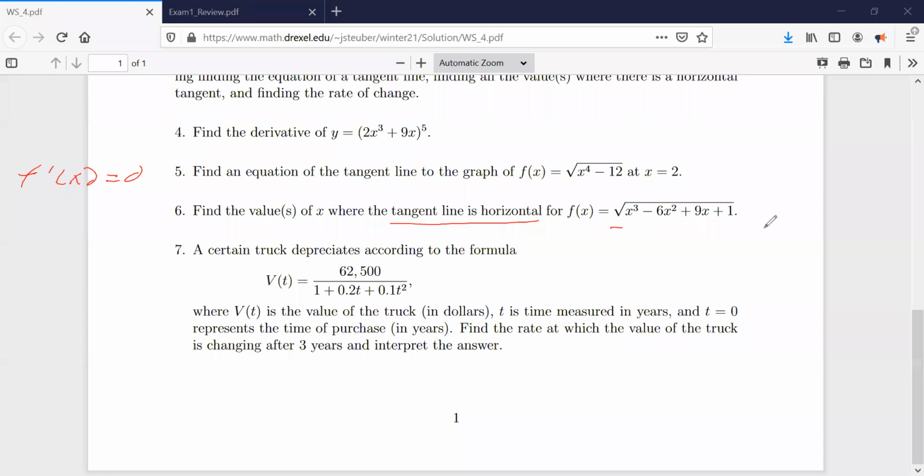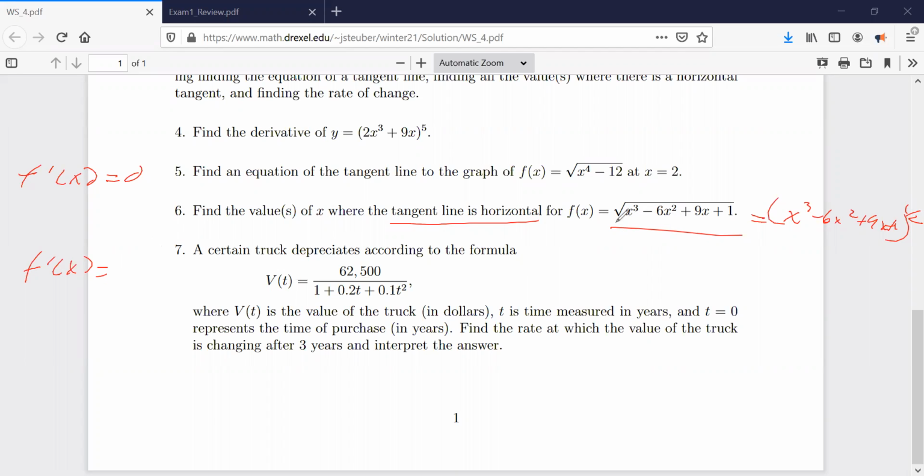So let's start off by finding what f prime of x is generally. I'm sure you guys have noticed a pattern at this point. What am I going to use here? Yeah, exactly, the chain rule. So I'm also just going to rewrite this as x cubed minus 6x squared plus 9x plus 1, all to the 1/2.